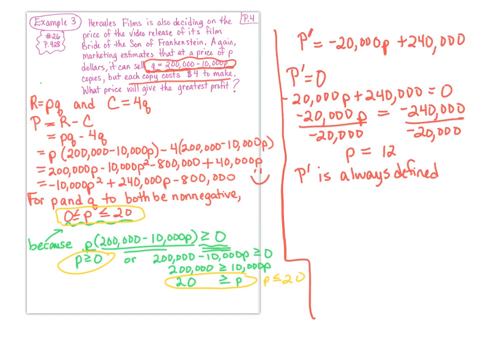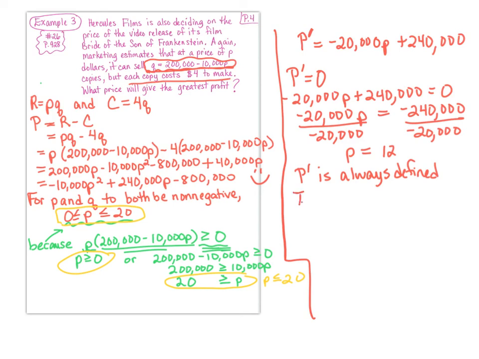So P equals 12 is our only critical point. So one thing to note, pause here. In example 2, if we look back at that example, we have P equals 12 is our only critical point. Now you can either use the first derivative test or you can use the other method. I'm just going to show you the other method as a refresher.